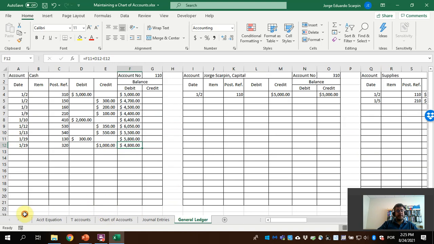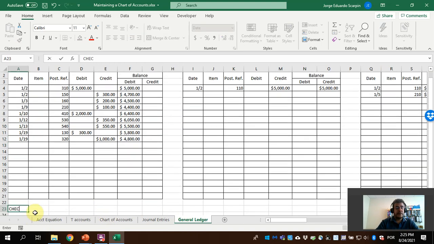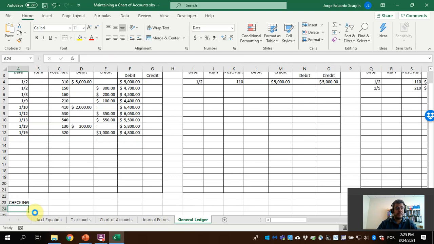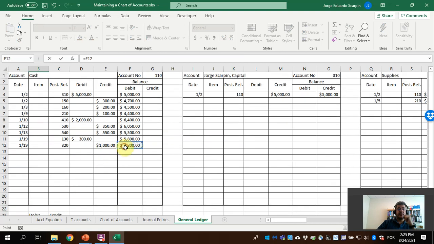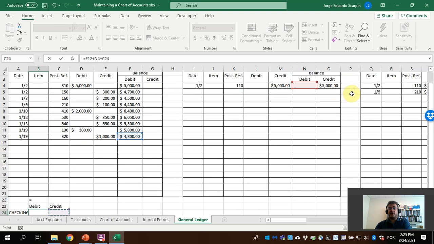Another way, it is checking. We create here debit and credit. So let's sum all of our debit and then copy and paste the formula to sum our credits. So the first one, debit, this one, plus this one debit, nothing but okay.